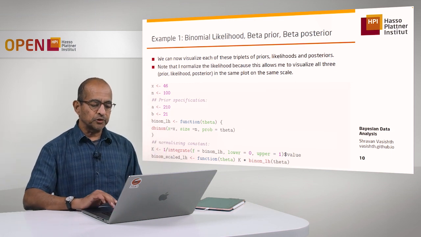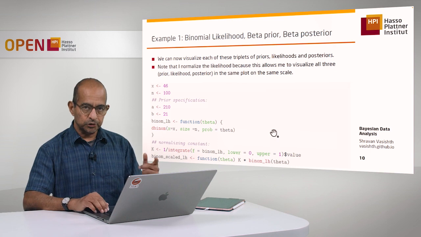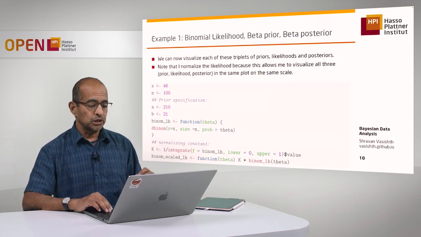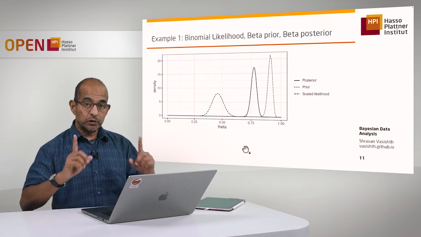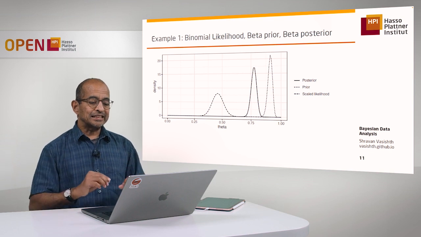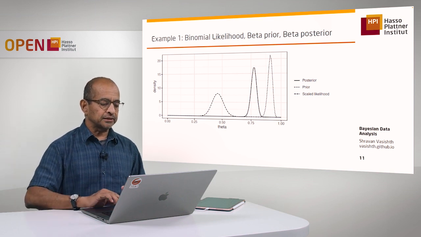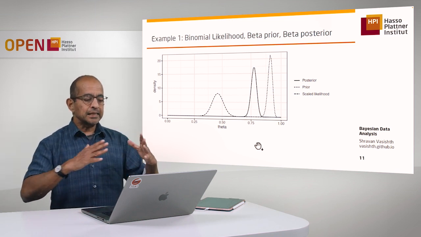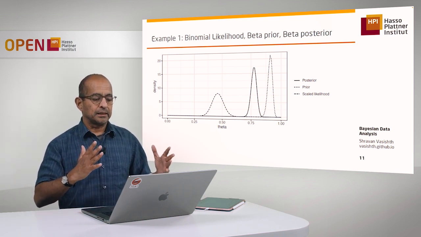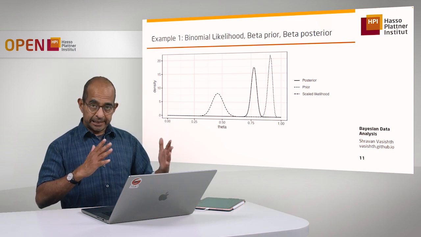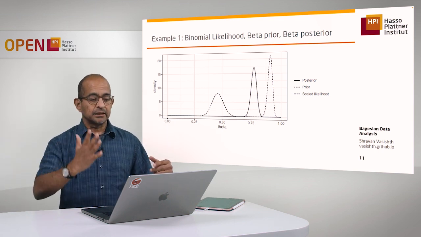So this is the code that I'm going to use for this. I won't explain this code. You can look at it later, and it's also discussed in the lecture notes, in the textbook. But what I want to show you is the result of this code. What it shows you is that the posterior distribution for theta, which is this solid line here, is going to lie somewhere between the scaled likelihood and the prior.